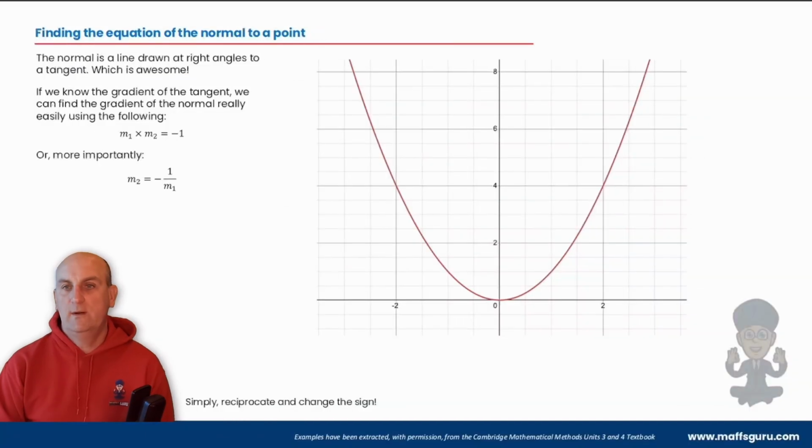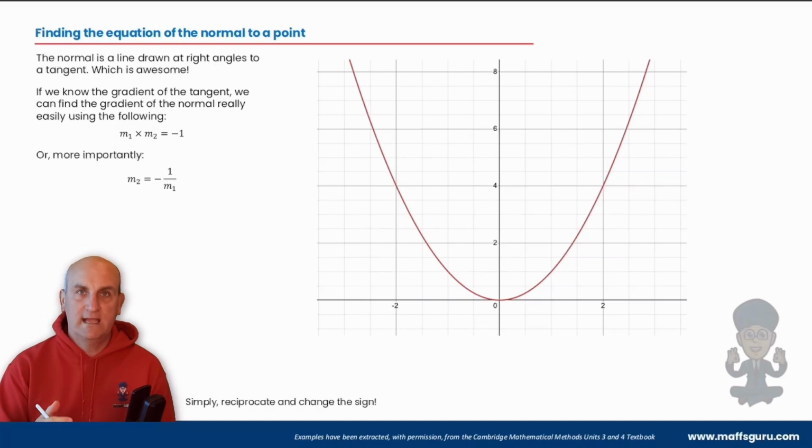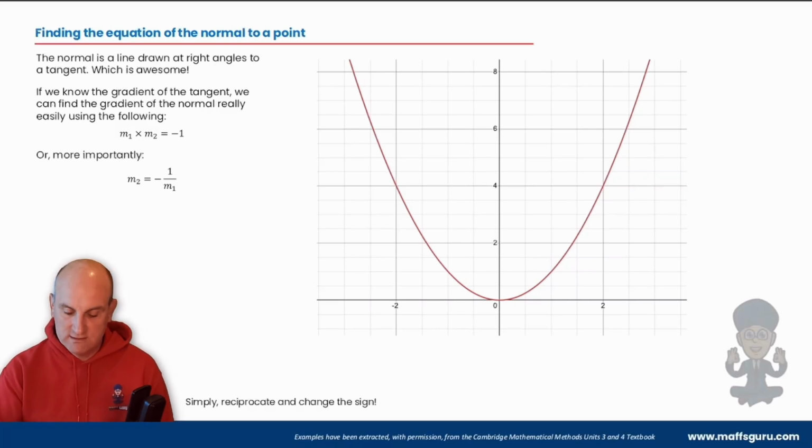Now, drawing the equation of the normal to a point. To be able to find the equation of a normal, and a normal is a right angle to a tangent, it is drawn perpendicular to the tangent, which means you've got to find the tangent first. So if I had this point here and I roughly try and join that there, is that going to work?